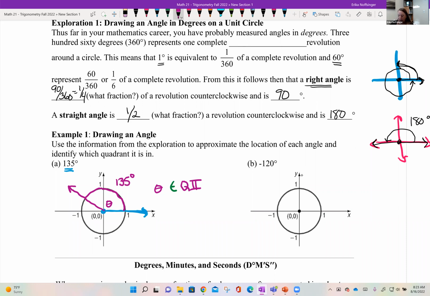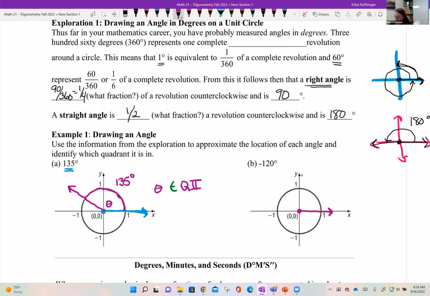So example B says, let's look at this angle and let's draw negative 120 degrees. Remember, negative angle means we're going to go clockwise. And so starting here at the origin, taking our initial side in standard position, we're going to go negative 120 degrees.